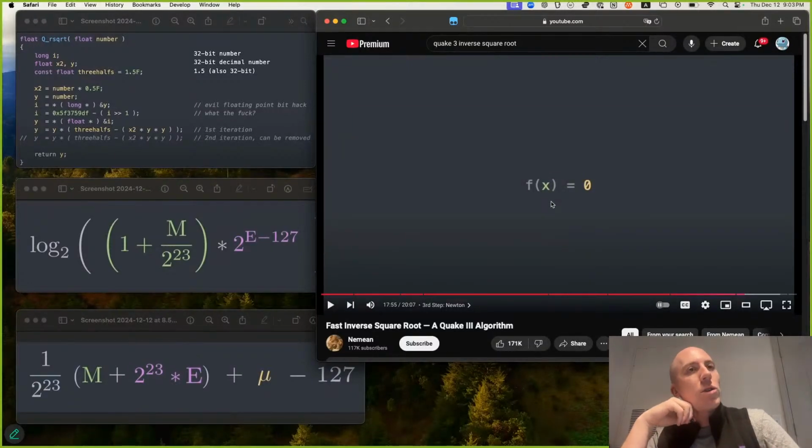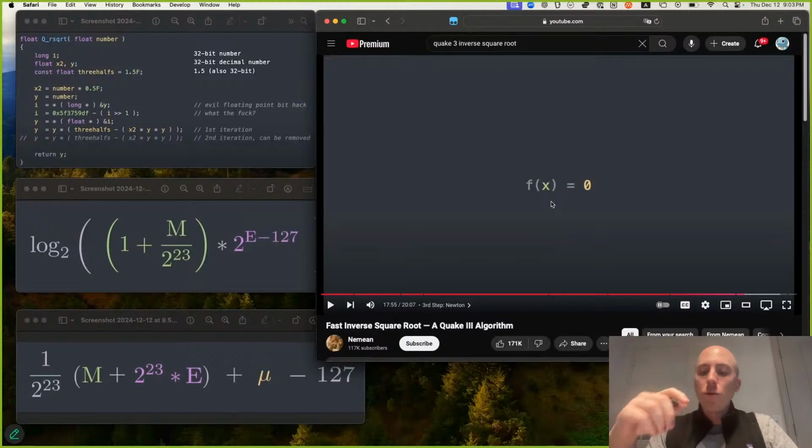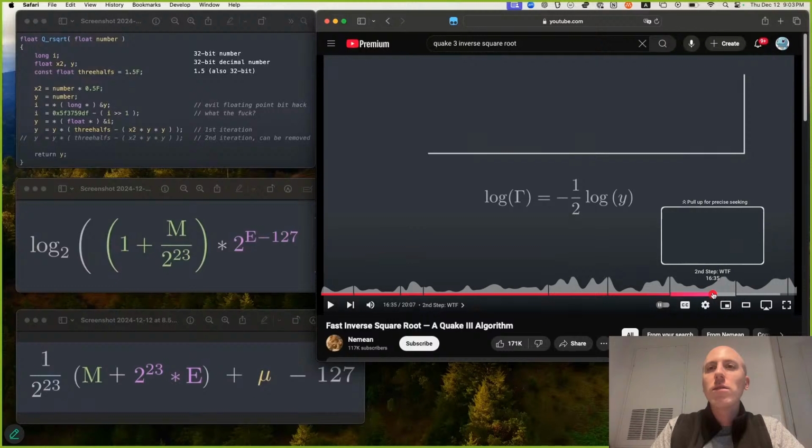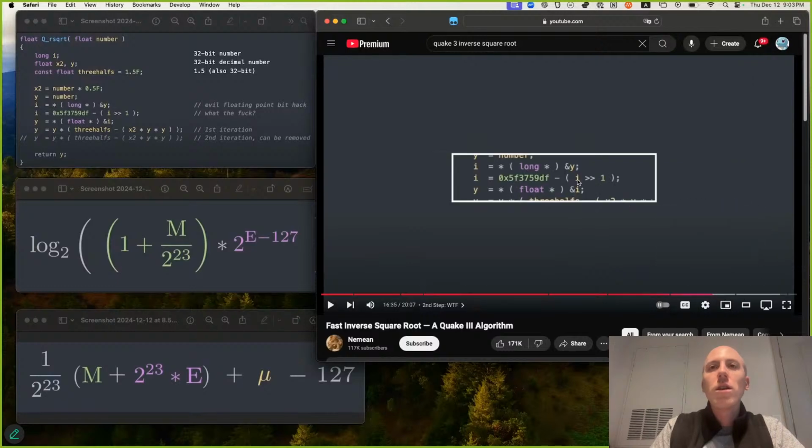Wait, one thing that's weird is we divided by 0, or we divided by 2, but we divided an IEEE thing by 2. We just shifted those. I feel like that doesn't make sense. We divided I by 2, and I was an IEEE Y thing.